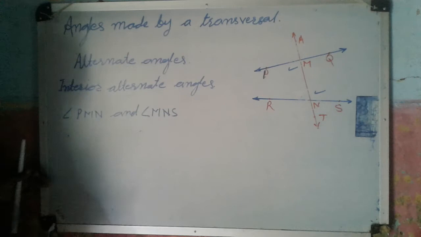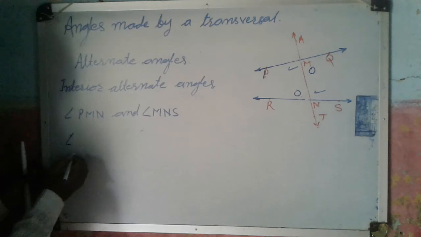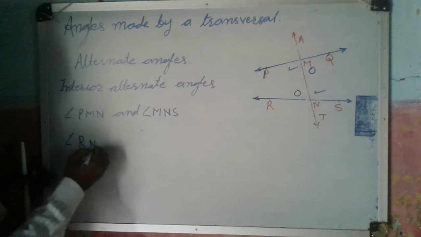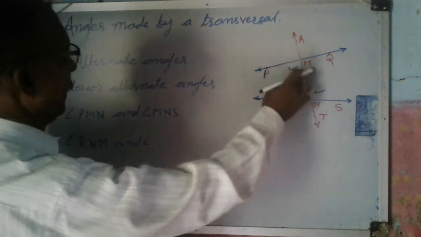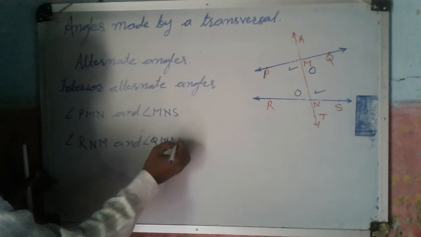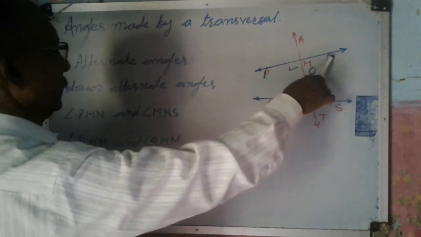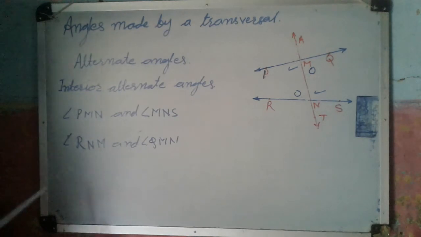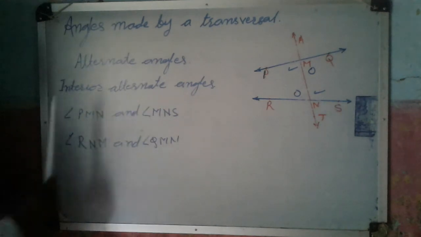Now another pair is this pair, angle RNM and angle QMN. This is one more pair of interior alternate angles. That means there are two pairs of interior alternate angles.